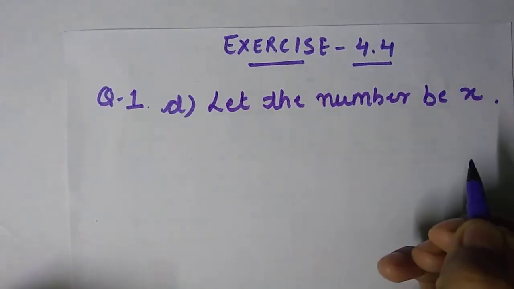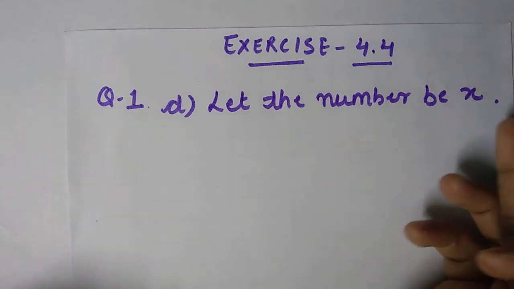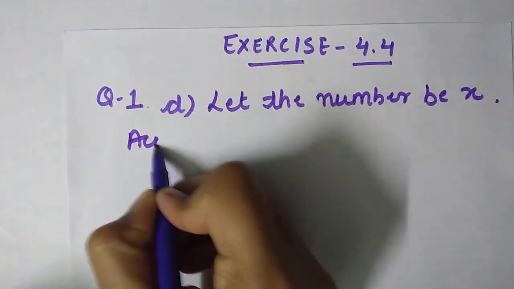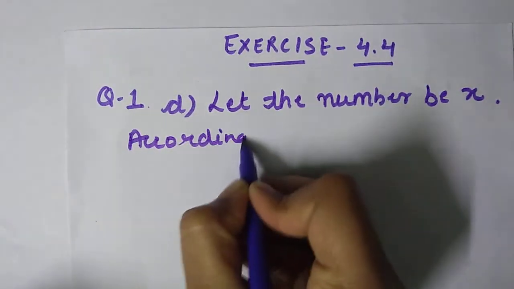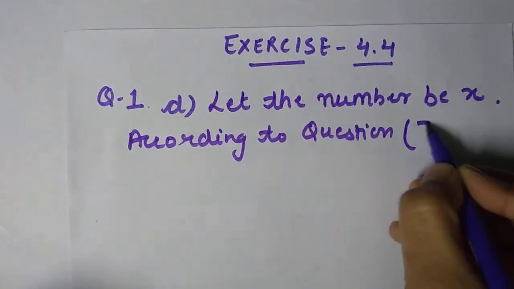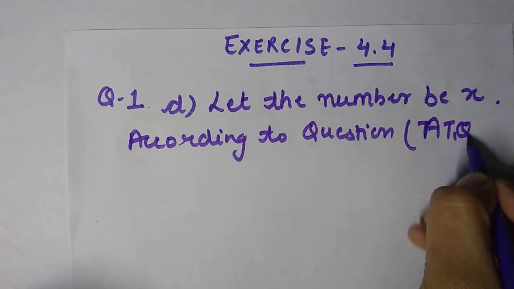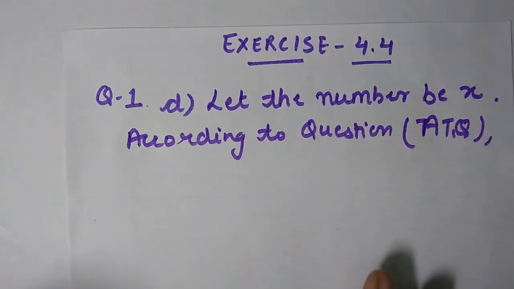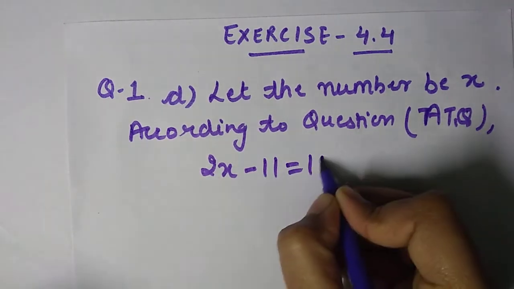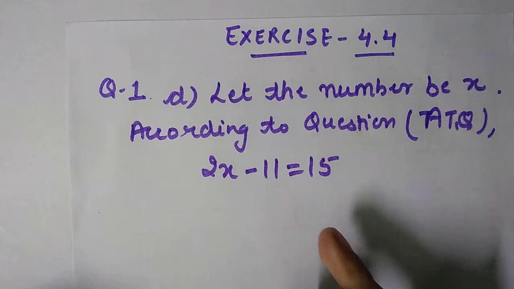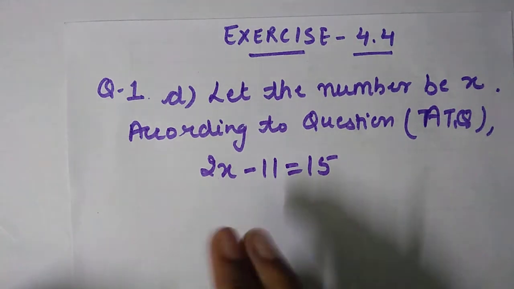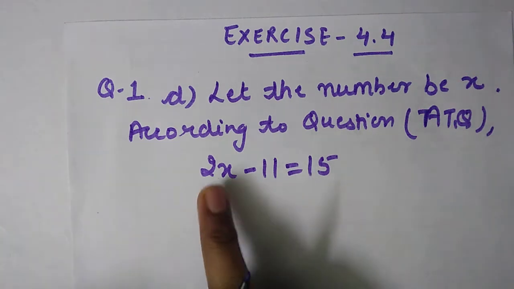Now the question is saying, when I subtract 11 from twice a number. So according to the question, what is the given condition? I am writing here "according to question", or in short you can write ATQ. This means according to the question we have the equation 2x minus 11 equals 15, because the question is saying 11 is subtracted from twice a number.